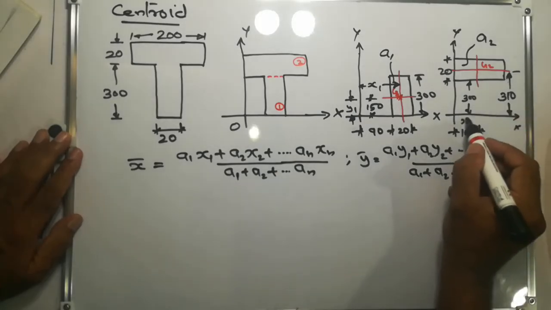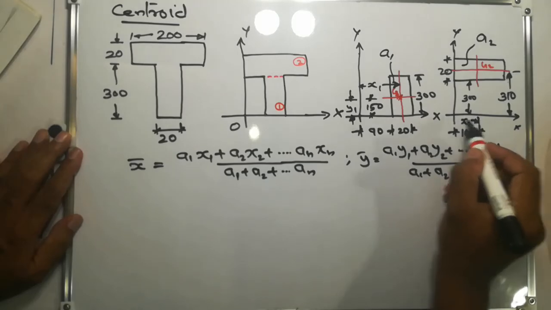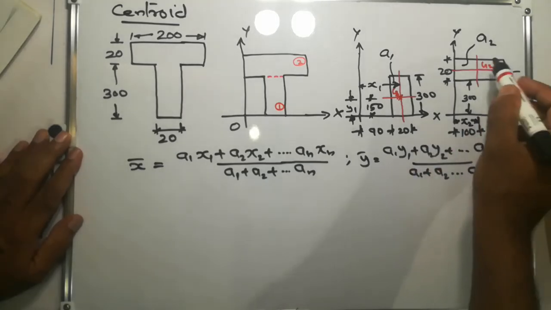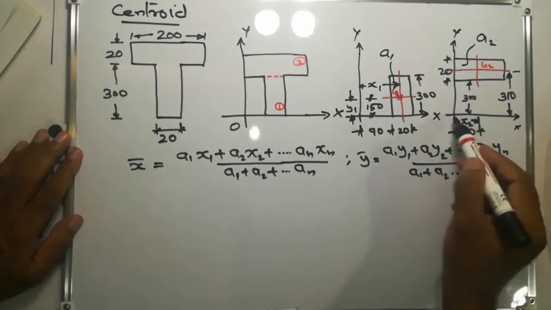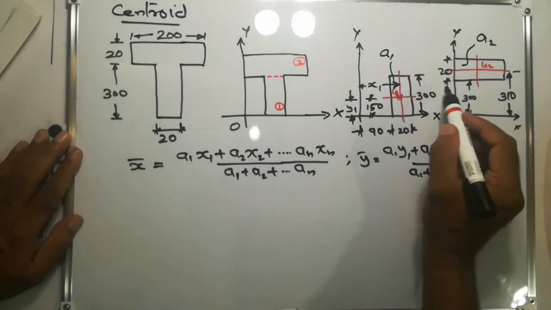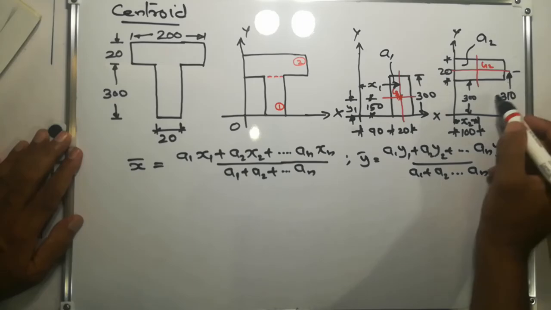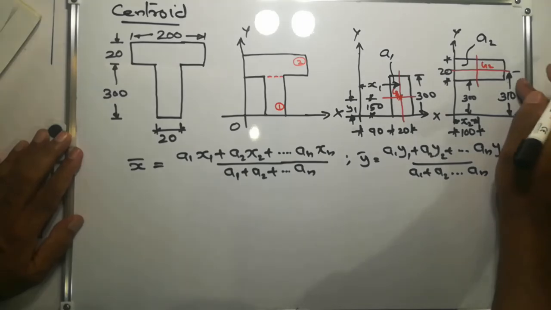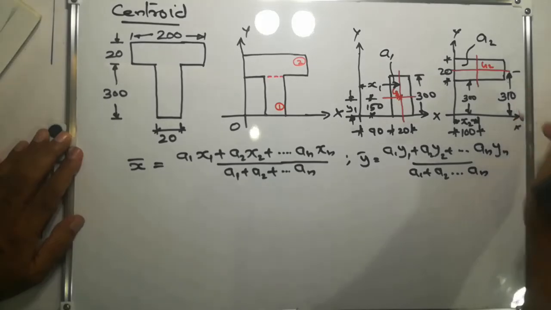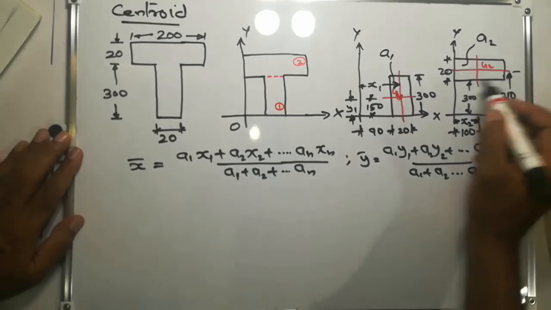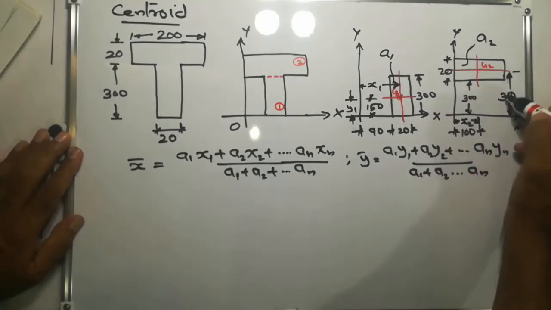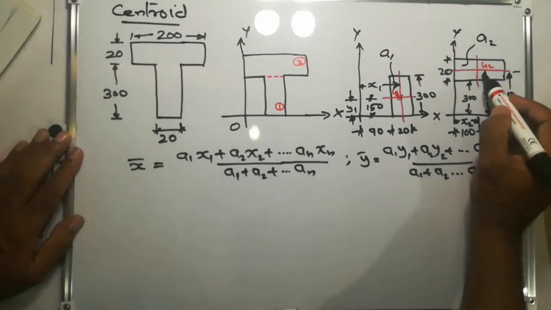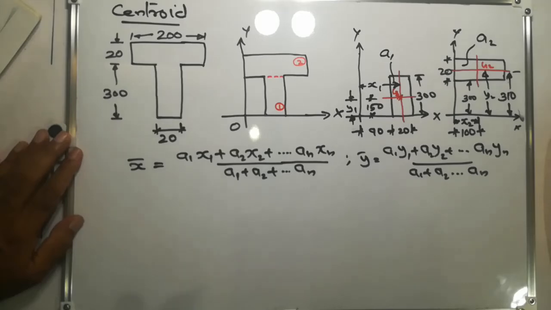This will be x2, that is the distance of the centroid of the second rectangle from the y-axis. And y2 will be this 310.